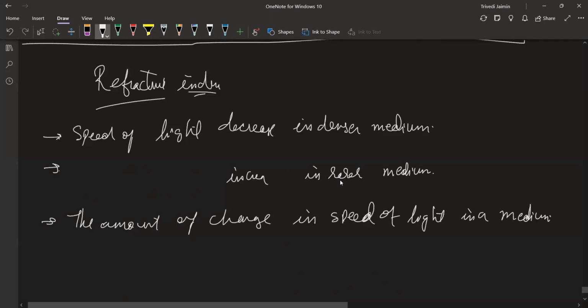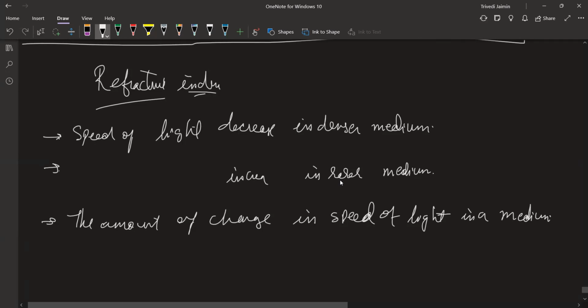Now, what does it depend on? The change of speed in a medium depends upon the medium. The lesser the speed of light, the greater is the refractive index. So how can we say that? Whatever medium we are using, like water or glass or air, those three mediums have different properties.